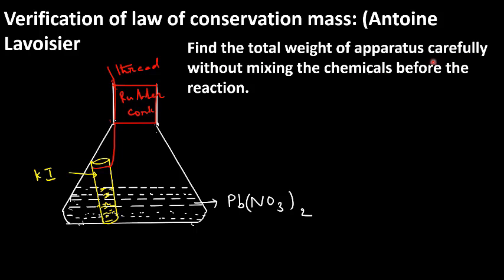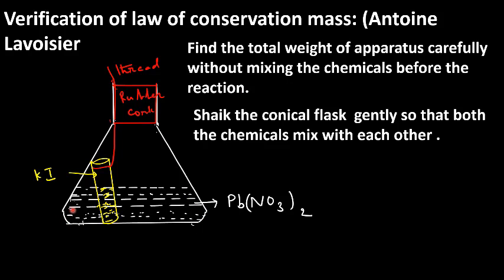Find the total weight of the apparatus, that is the conical flask, test tube and the two solutions present in it, without mixing the chemicals. So find the total weight of the apparatus before mixing.